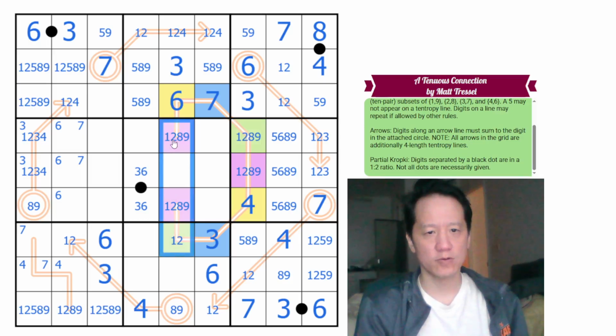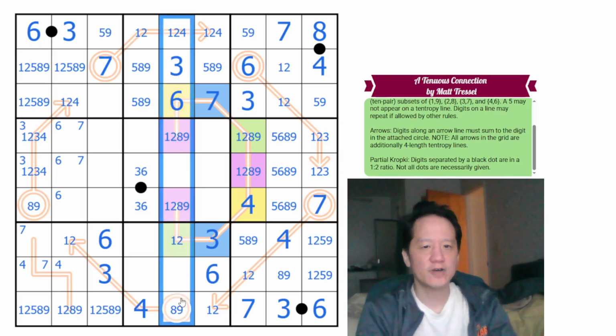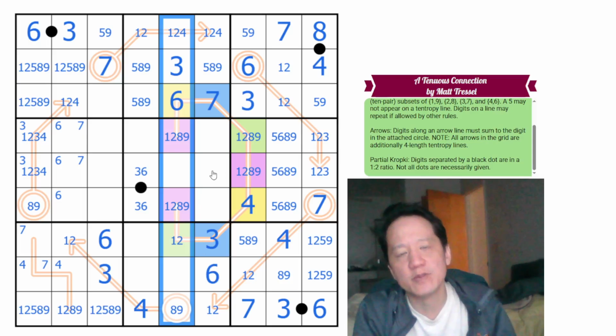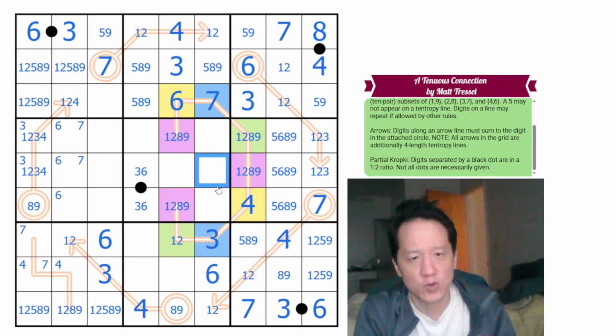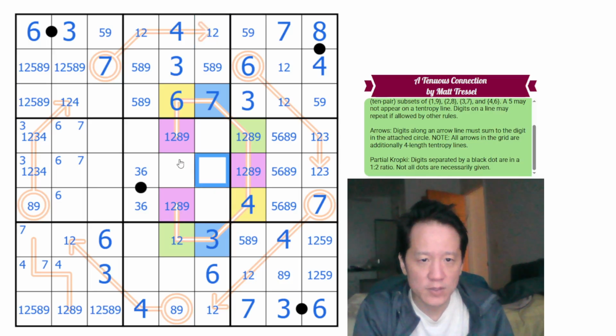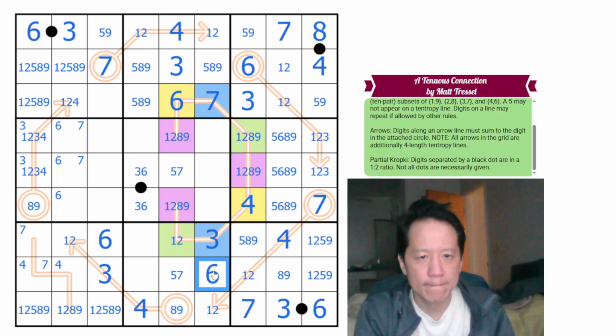And then we have a 1, 2, 8, 9 quadruplet in column 5, which eliminates 1, 2, 8, and 9 from the rest of the column. Therefore, this must be a 4, which means this can't be a 4. The remaining digits now are 5 and 7, so this is 5 or 7. 4 has to be one of these two cells. We're not sure which.